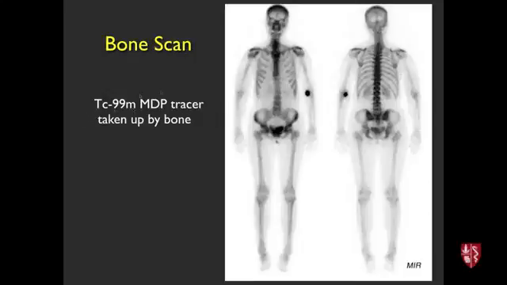In the bones, methylene diphosphonate acts like phosphorus, and so within our bones that goes to areas where there's calcium phosphate mineral, and it takes a little while for it to be taken up, like 4 to 6 hours. It starts immediately, but then it accumulates and then it'll disperse. So this scan would be done a couple of hours after the injection.